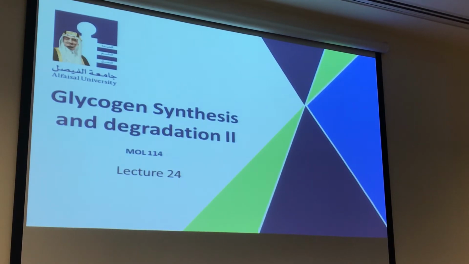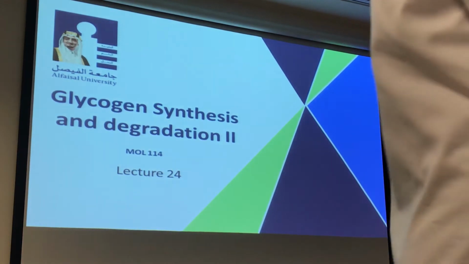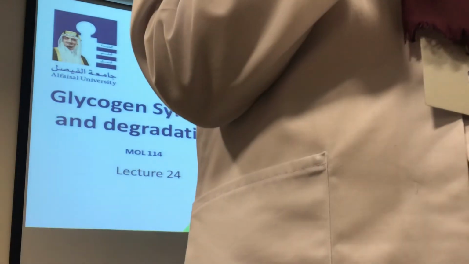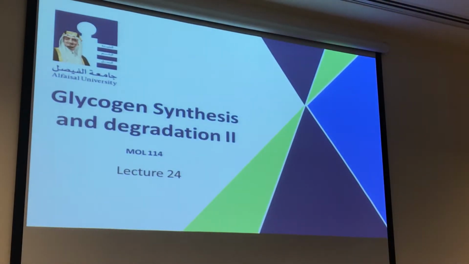So, glucagon will be released when we're fasting. Okay. And what is the function of glucagon? Break down glycogen. Will it try to bring the sugar up or bring the sugar down? Bring the sugar up. Okay, so it wants to prevent hypoglycemia. So it wants to bring the sugar up.